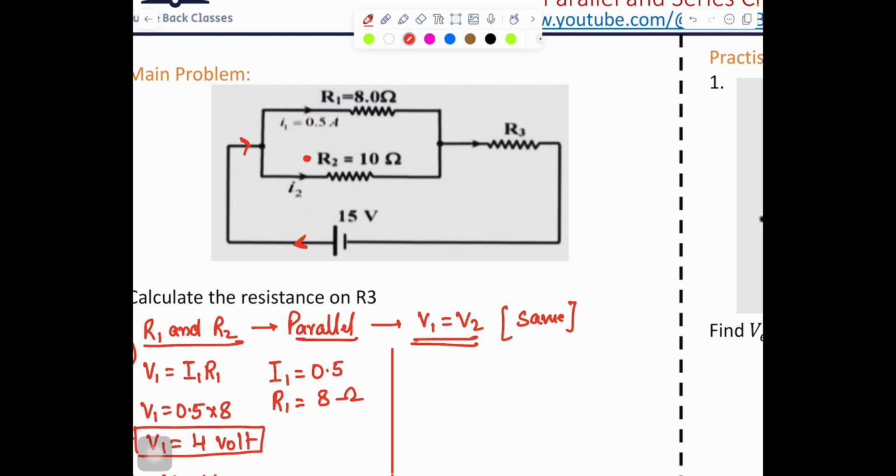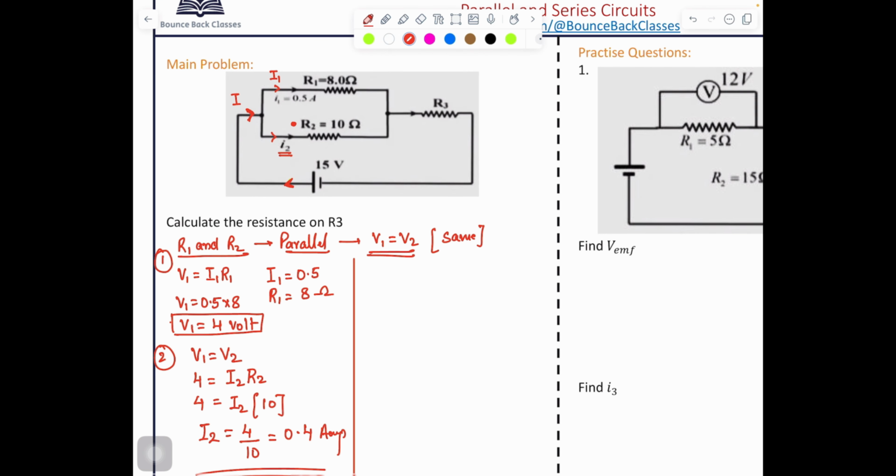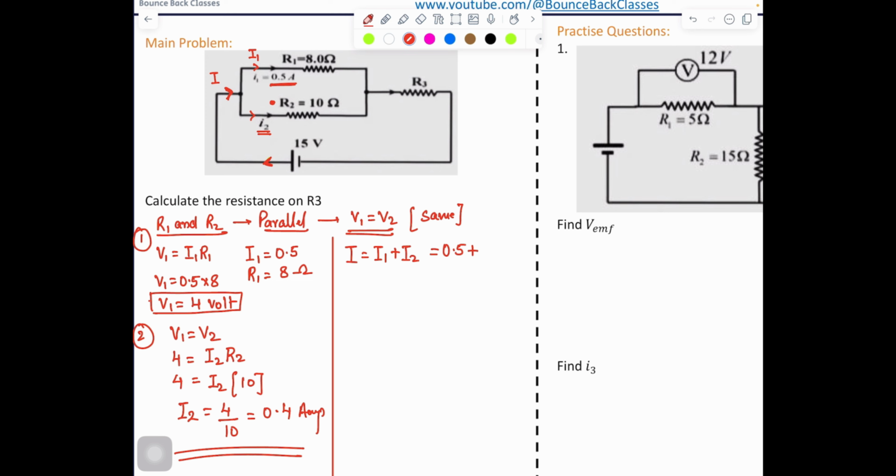Let's come back to the question. Say current I is moving from here. Some part is moving here, I1, and some part is moving here, I2. So can I say I is equal to I1 plus I2? I1 is 0.5 plus I2, which is 0.4.